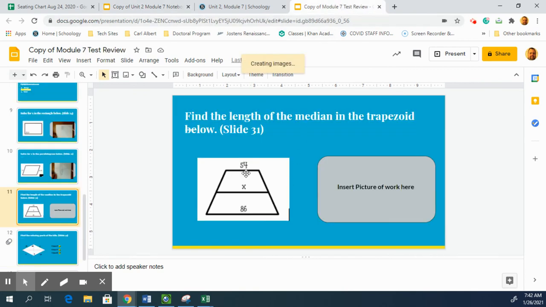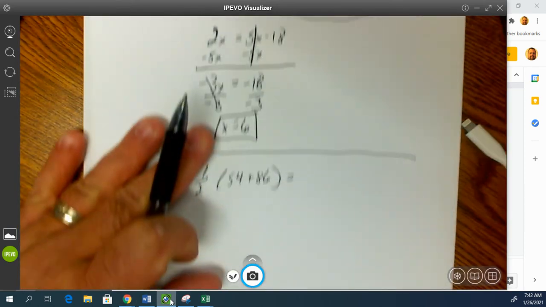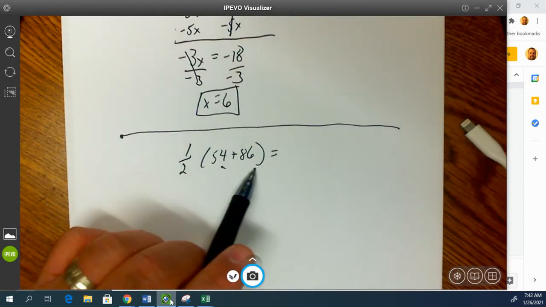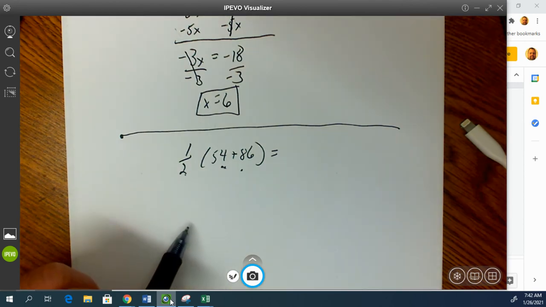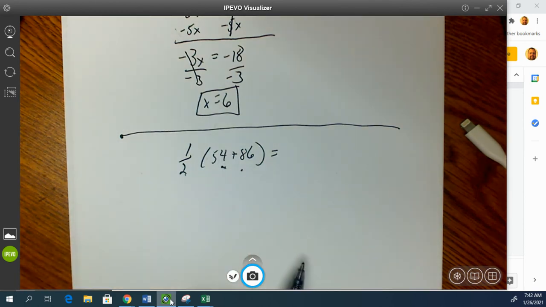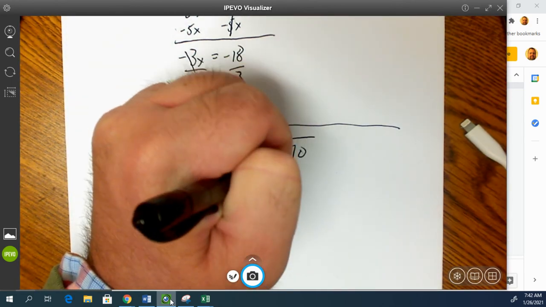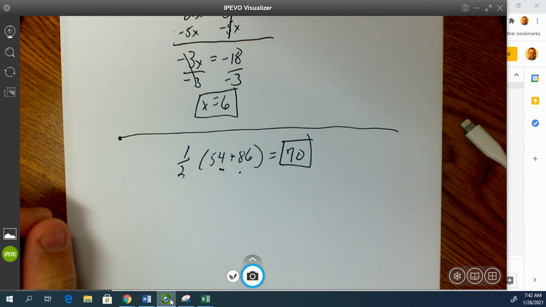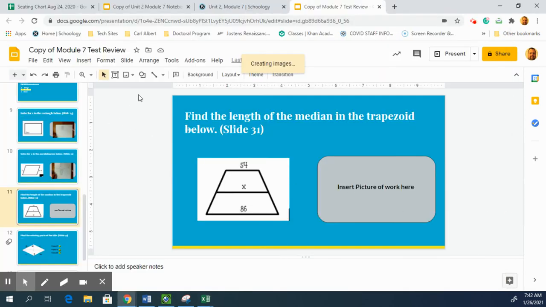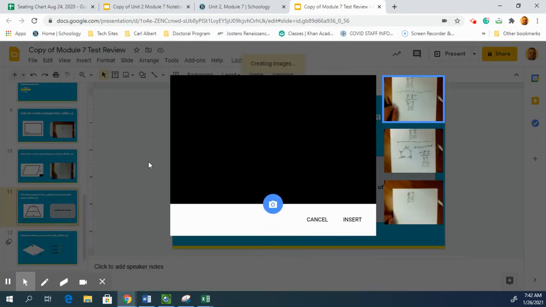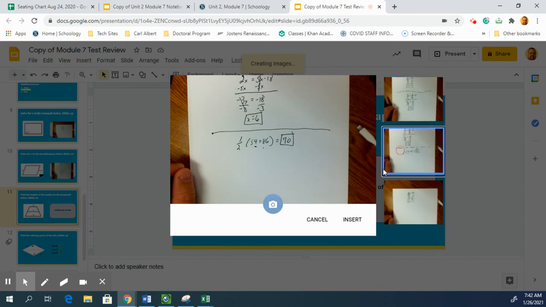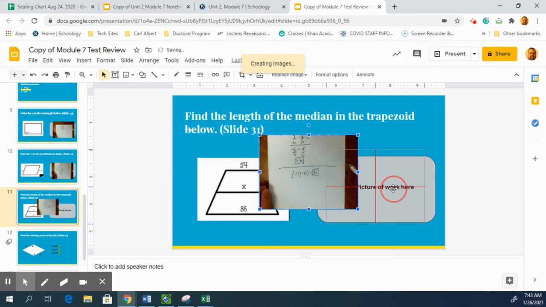So in this case, here are the two bases. 54 plus 86. So 54 plus 86 is 140. 140 divided by 2 is 70. So don't make these harder than they are. Sometimes they're relatively simple. Not looking for a whole lot.